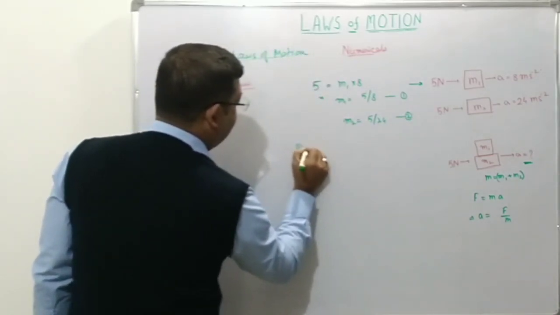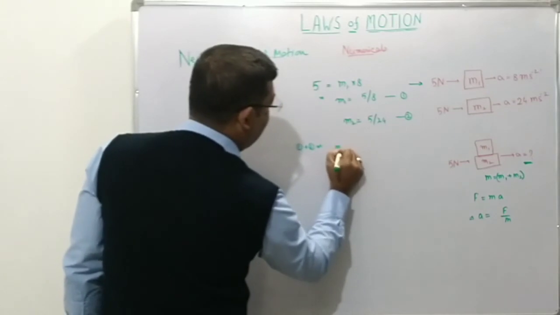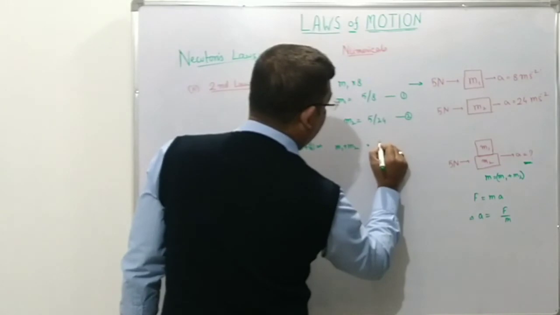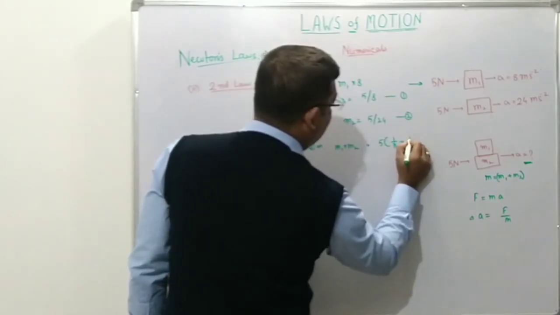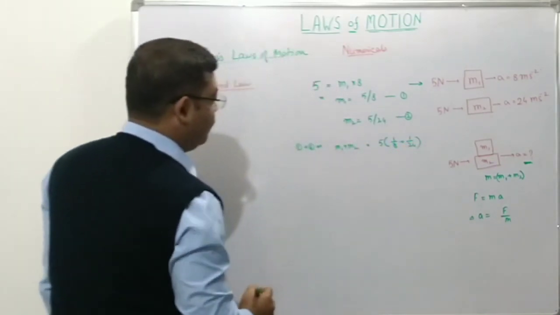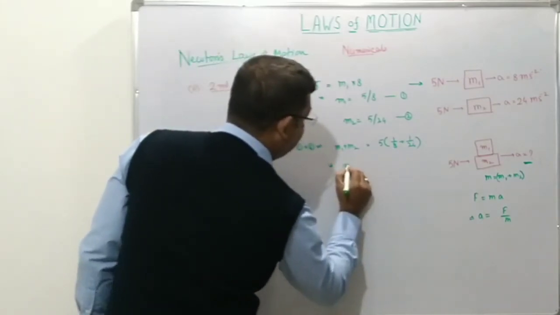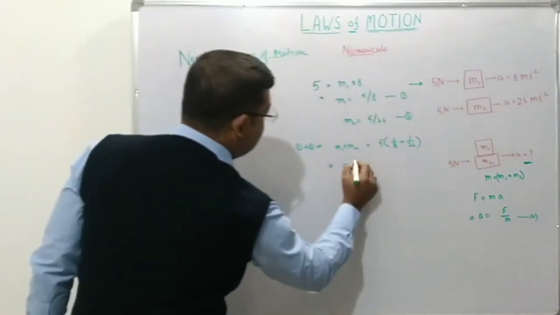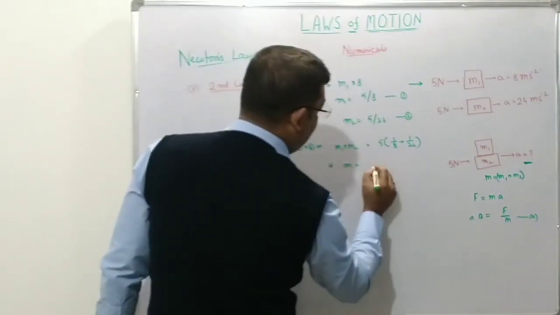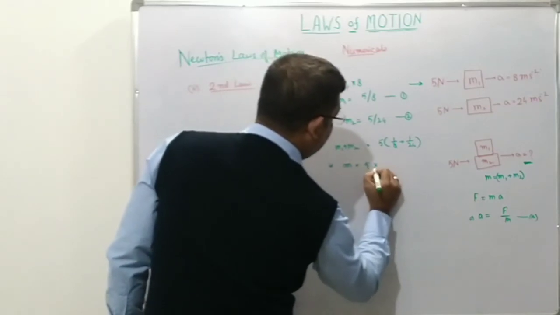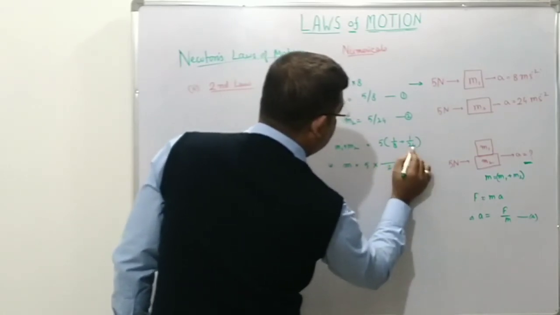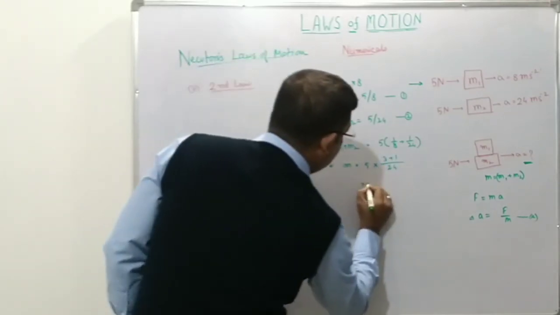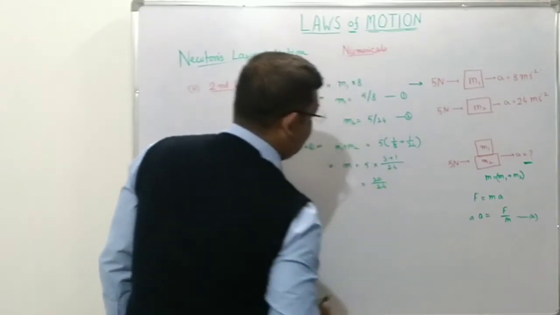Therefore, 1 plus 2 will give us m1 plus m2 equal to 5 into 1 by 8 plus 1 by 24, that is m required in this equation, say A, is equal to 5 into 3 plus 1 by 24, which is equal to 20 by 24.